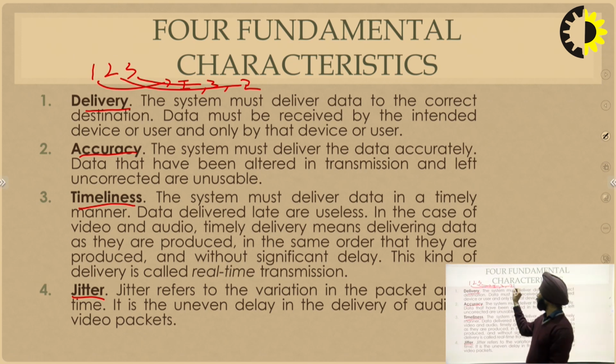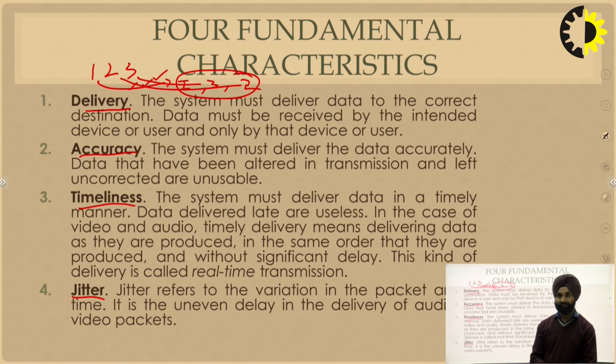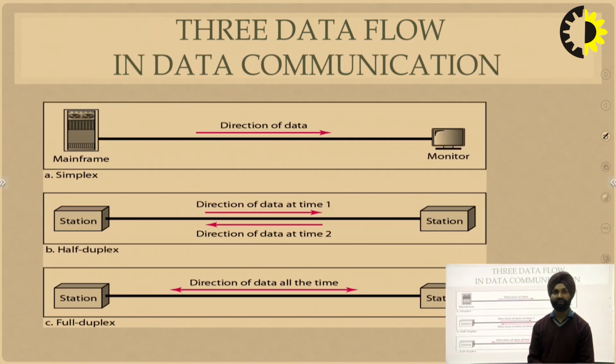So the information that I am receiving is wrong. This uneven delay is known as jitter. So we want the least uneven delay in the communication. These are the fundamental characteristics of a network that need to be checked.